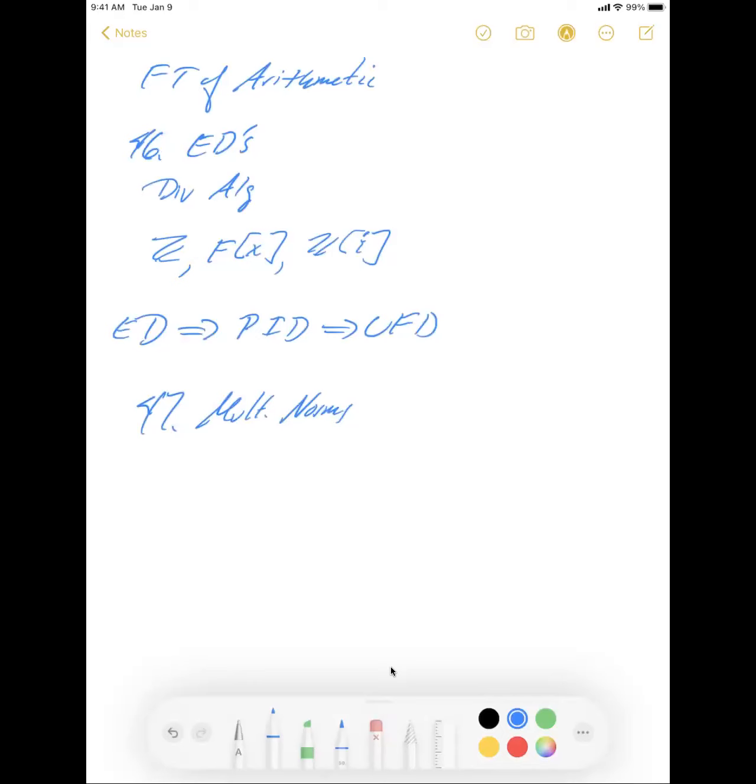If those are the only elements that have a norm of plus or minus 1, then you have this nice property that allows you to detect irreducibles. So if the norm of u equals plus or minus 1 if and only if u is a unit, then we have this property right here.